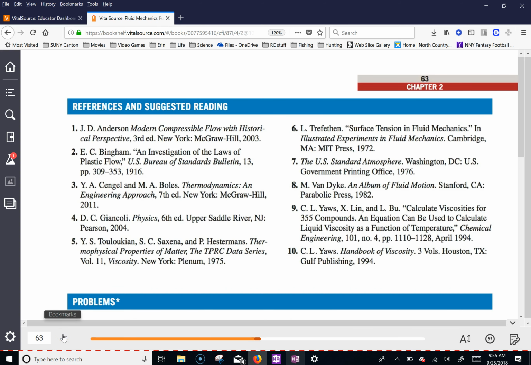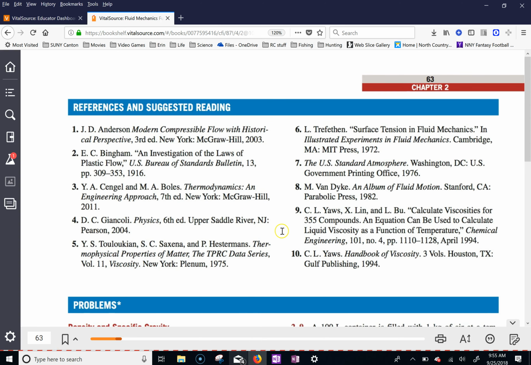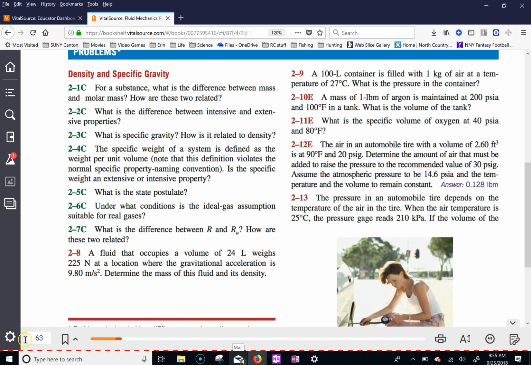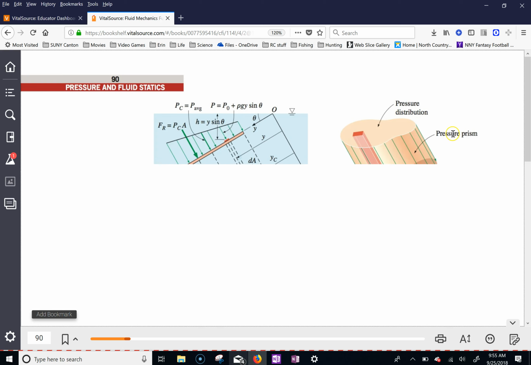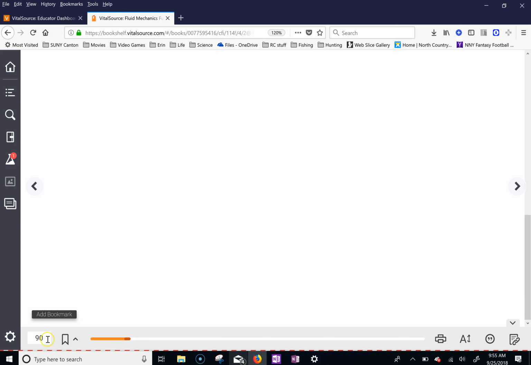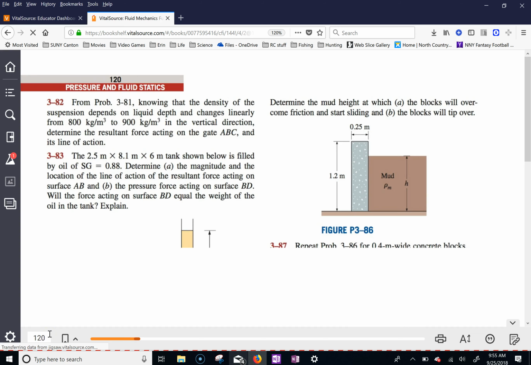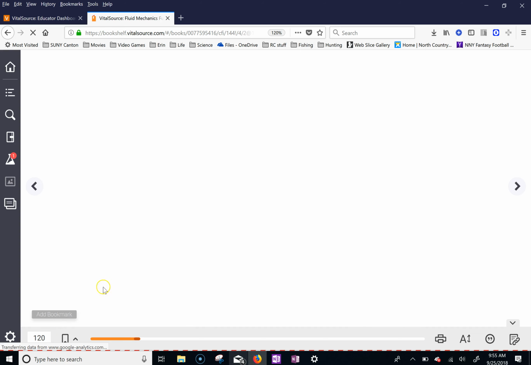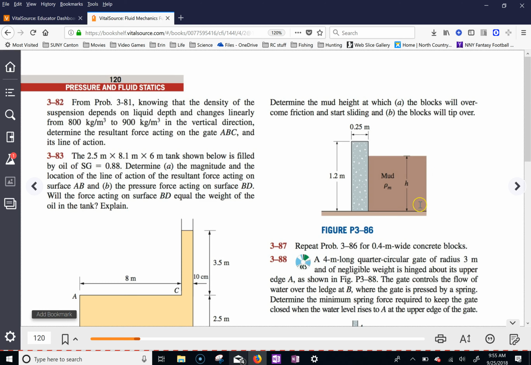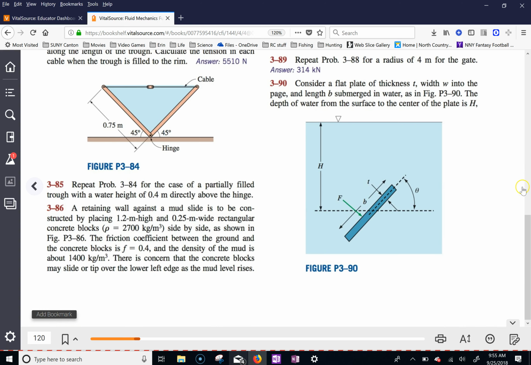I don't have a page number, so bear with me. Chapter 2 is probably, let's try 90. Oh, more than that, 20. Oops, did it work? Almost.